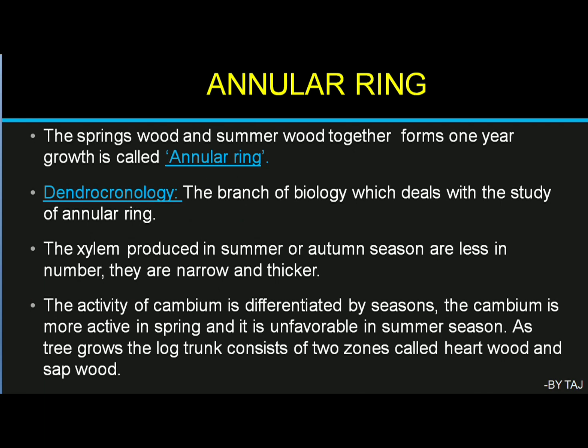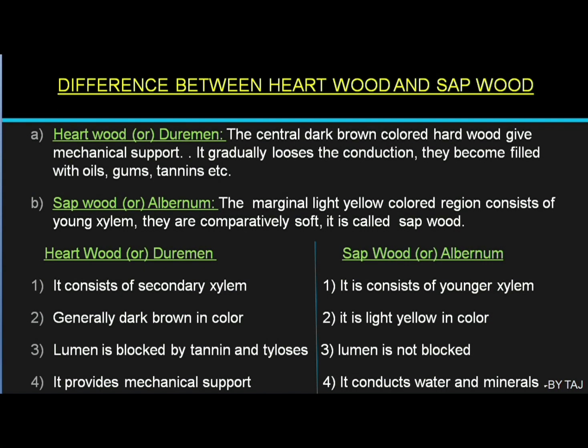As I previously said about the annular ring, in that, we are going to learn the detailed study of heartwood and sapwood here. Heartwood is also called duramen. The central dark brown colored hard wood gives mechanical support to the plant. It gradually loses its conduction capacity, and then becomes filled with oils, gums and tannins.